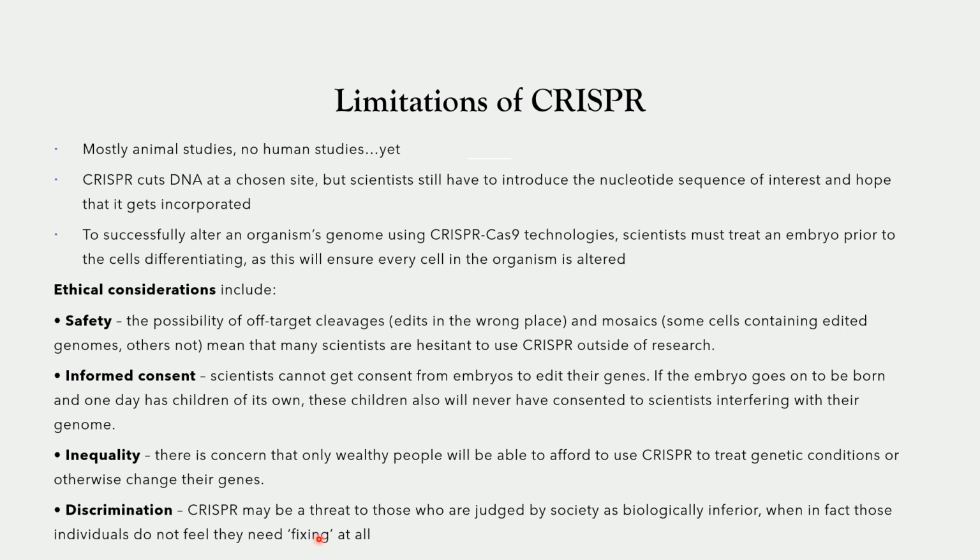So as you can see, there are multiple different points of view and many ethical considerations that need to be considered when using CRISPR, because it is a very new technology and has a lot of controversy around it.